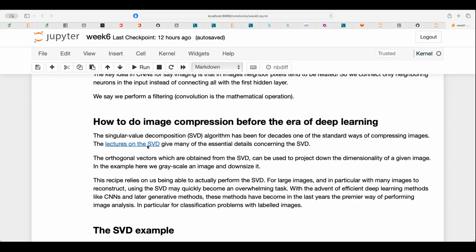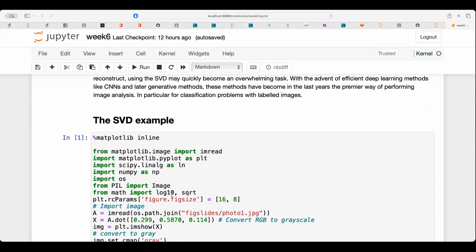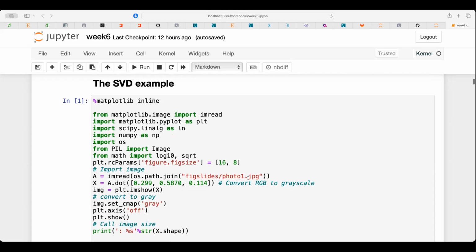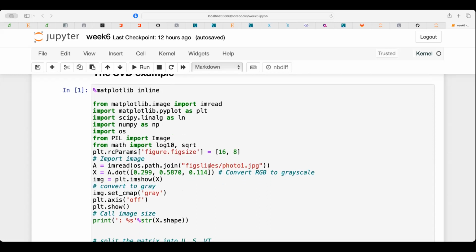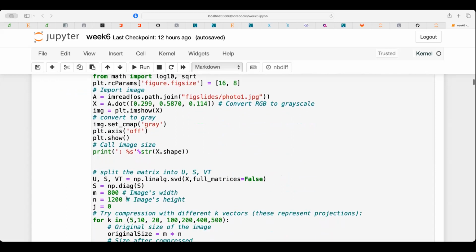100 times 100 pixels. So the example which you see here is an example where I've taken an old photograph of mine, and I'm just reading it in so you can actually rerun these examples. This is a color image, which I downscaled to a gray image. And it's an image which I tailored to have a dimensionality of 100 times 1200.